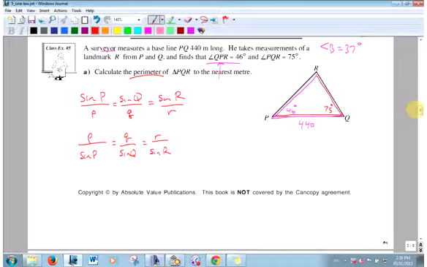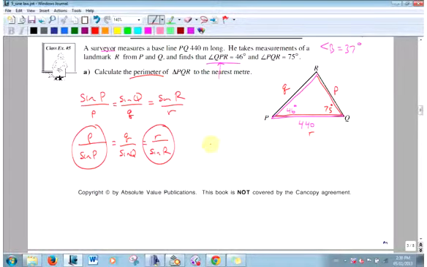So where do you want to start? Which one do you want to do first? Okay, RQ, do I want to call it RQ or do I want to call it something else? Yeah, I want to call that little p. Is that big or small? Be careful. Okay, that's little r. So I know r, I want to find p, so I'm going to use this ratio.